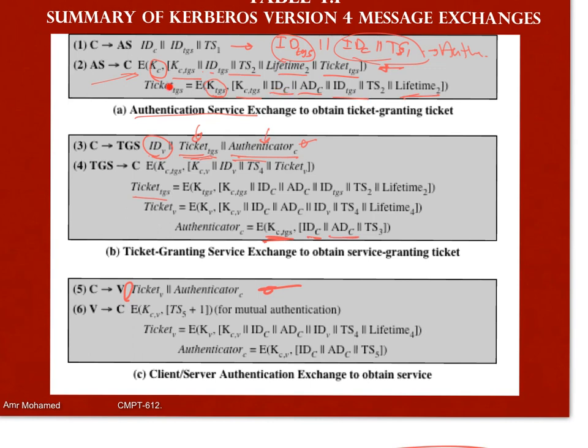And sent in the ticket itself, I'm putting IDC, and outside, I'm putting ID TGS outside. And I'm putting the lifetime outside the message and inside the message. All these are not explained in the book in any way, shape, or form. Okay? So we need to think about it.